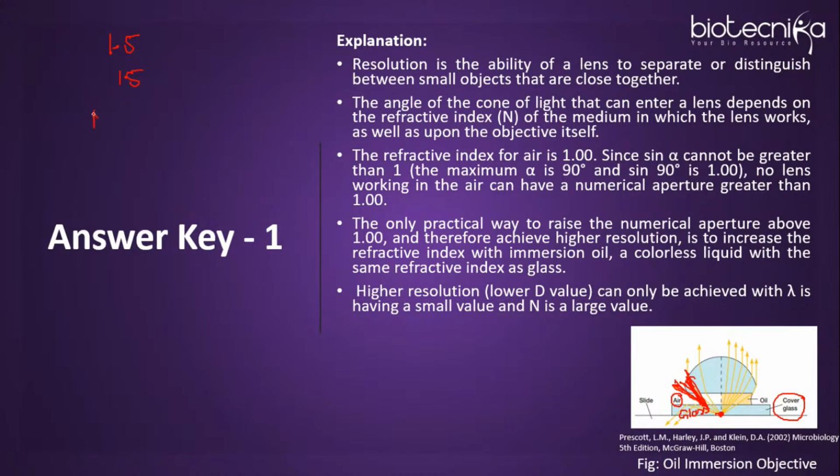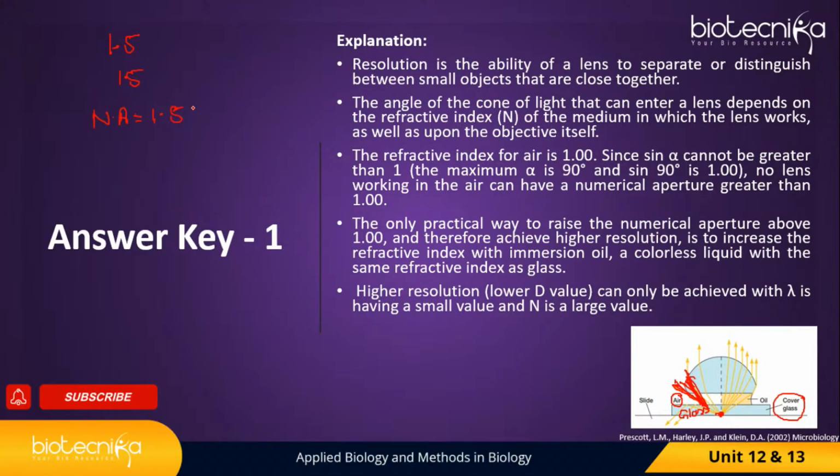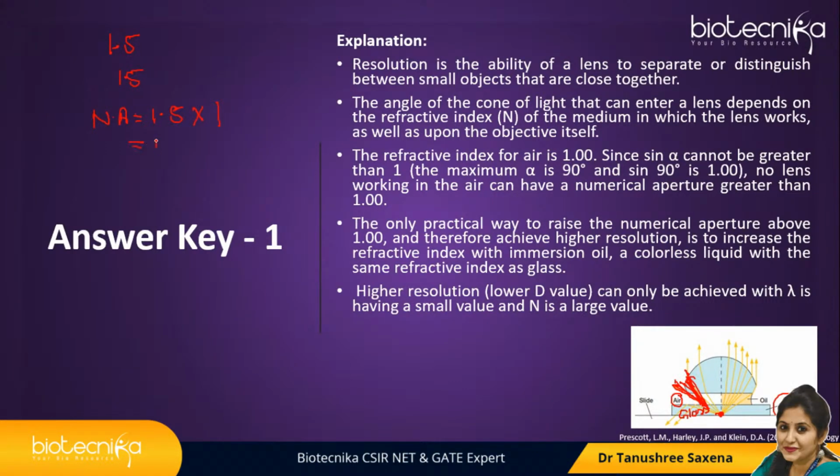So if I again put in the value, the refractive index of oil is 1.5, and alpha is 90 degrees, so sine alpha is 1. Sine 90 degrees is 1. So the numerical aperture value is 1.5, right? So the only practical way to raise the numerical aperture and to achieve higher resolution is to increase the refractive index with oil, which has the same refractive index as glass.